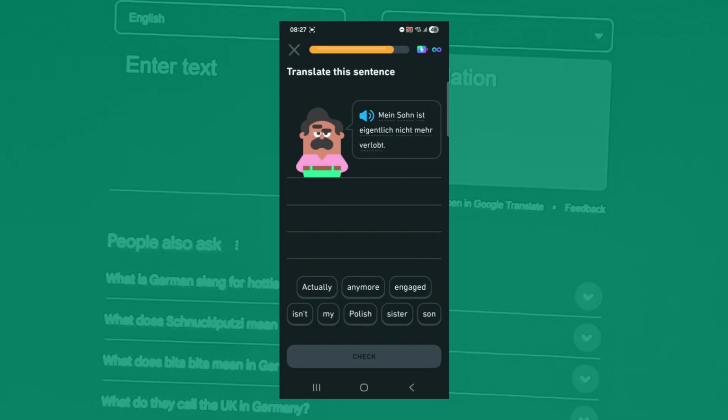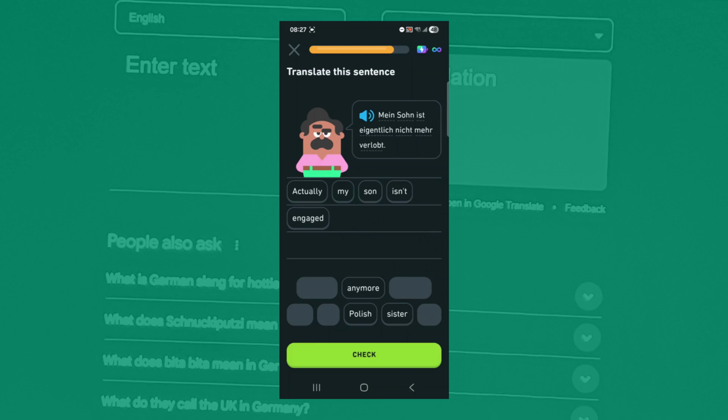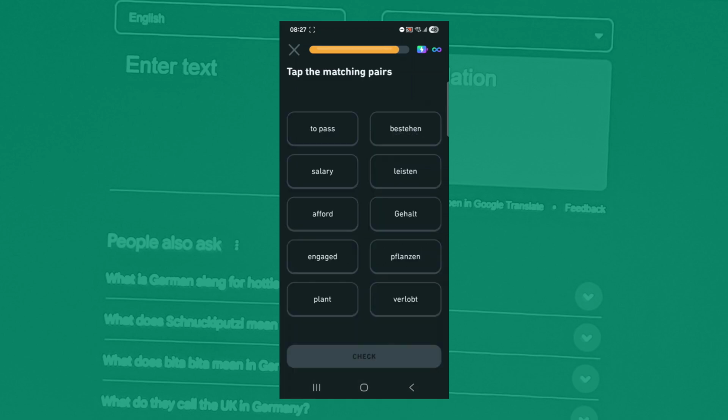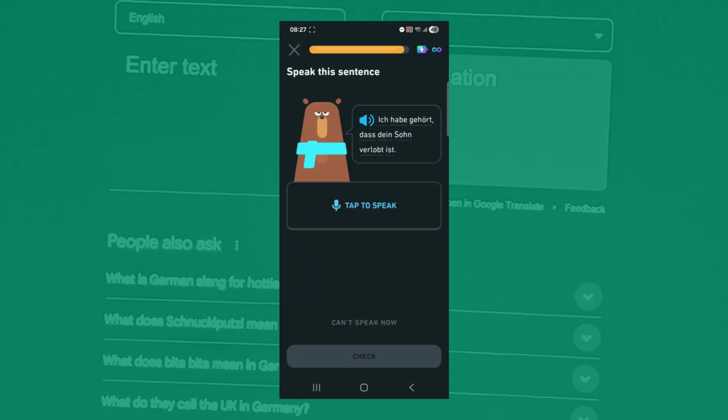Mein Sohn ist eigentlich nicht mehr verlobt. Ich habe gehört, dass dein Sohn verlobt ist.